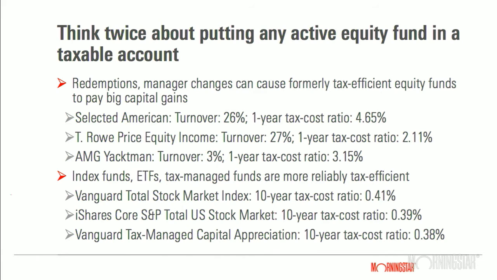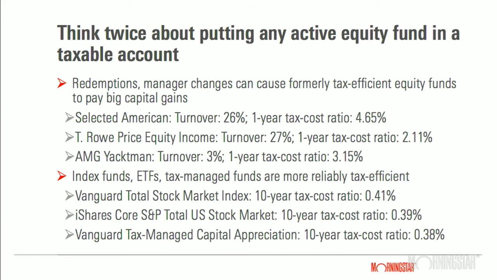They've made a lot of capital gains distributions despite the fact that they have very low turnovers. So while turnover can sometimes be a proxy for how tax efficient a fund is, not necessarily always. And at the bottom part of this slide, I've just got a short list of the tax cost ratios for some index tracking and a tax managed mutual fund as well.